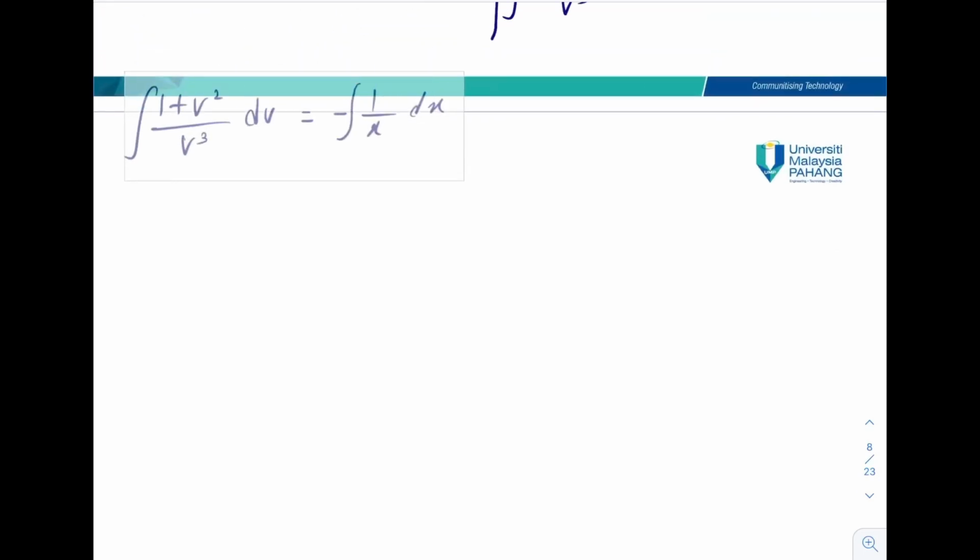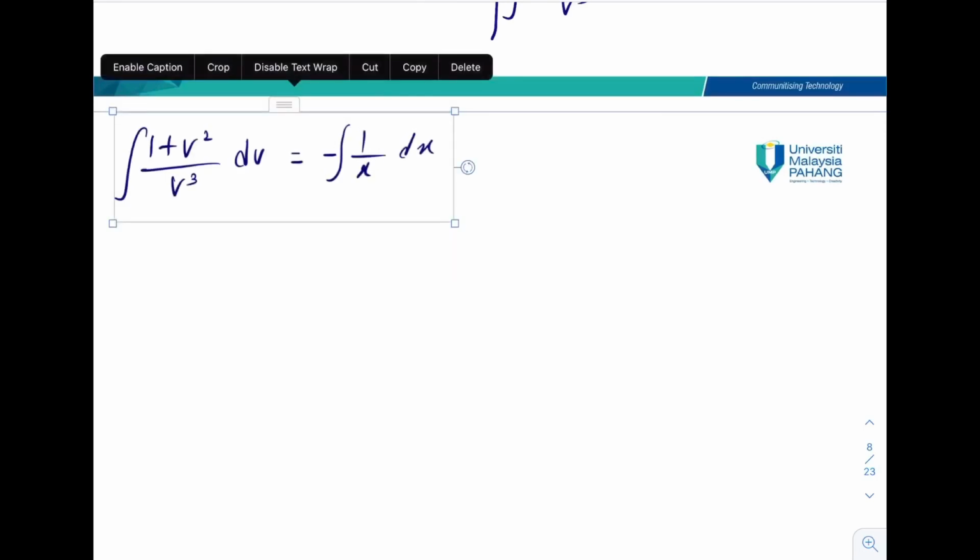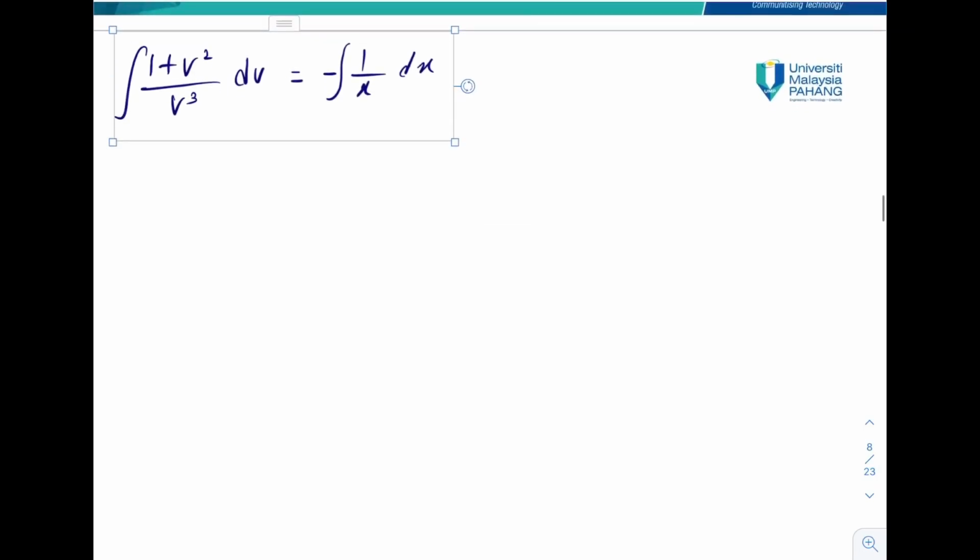So we will do the next process. I paste this one at the new page. We will integrate both sides.